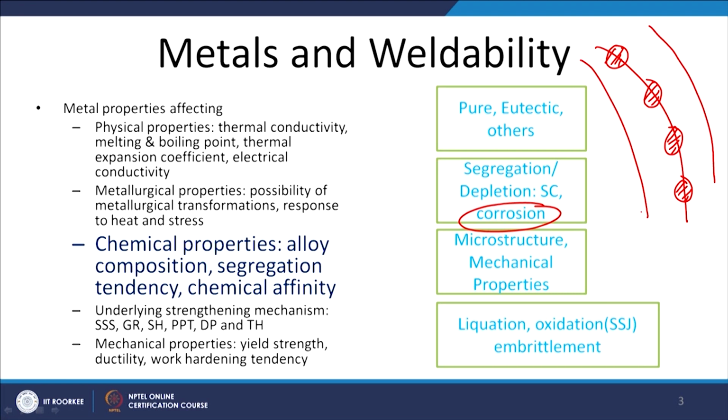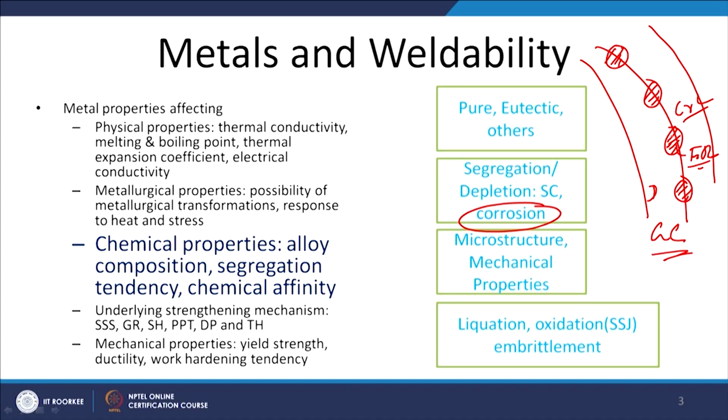So, such kind of chemical heterogeneity will be promoting the galvanic corrosion. Somewhere it is deficient and somewhere it is enriched. So, wherever it is more as compared to the another location.